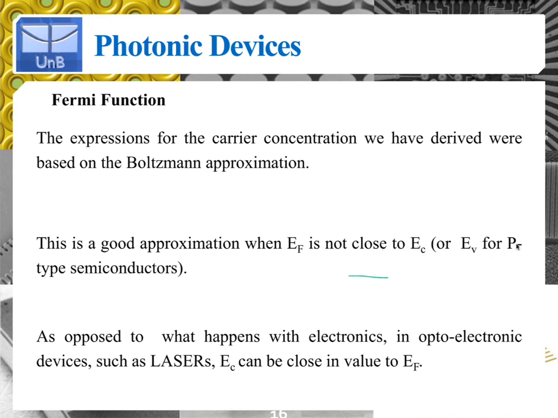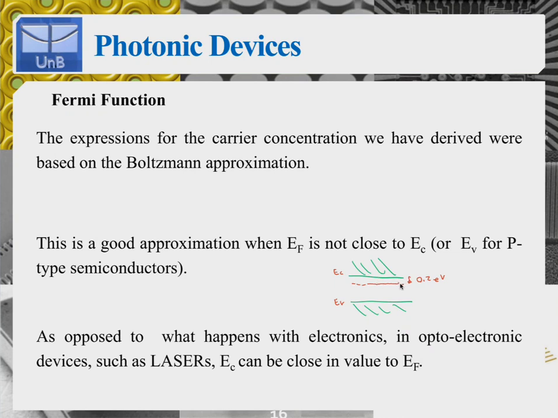So remember, as we've said, you have the band diagram here, and the Fermi level cannot come to within a distance of EC or EV that is smaller than 0.2 eV. Otherwise, this approximation will not be valid anymore.